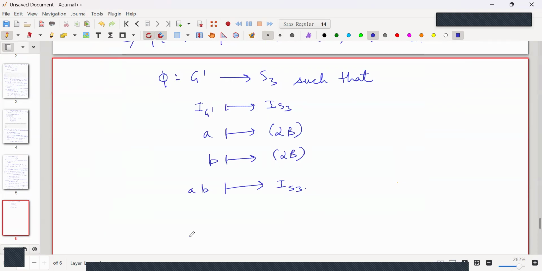We need to check the homomorphism, right? So we need to just see what happens to phi of these elements, because the identity anyway doesn't play any role in that. Phi of A times phi of B is the same as phi of AB. What about phi AB times phi B? That is also phi of A, and phi A times phi of AB, that is also phi of B. So this is a homomorphism.